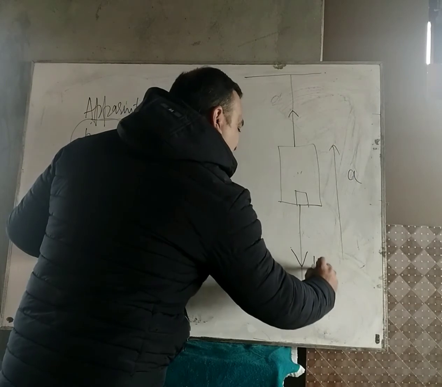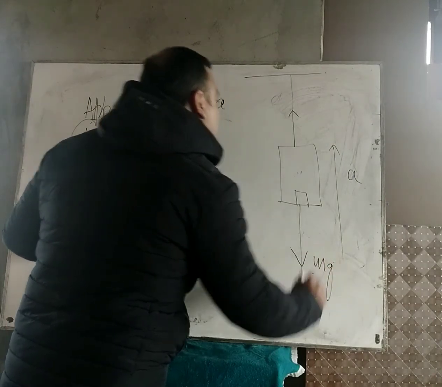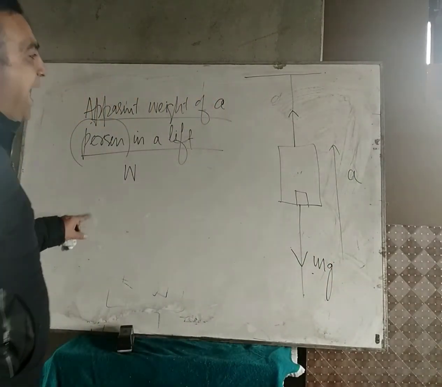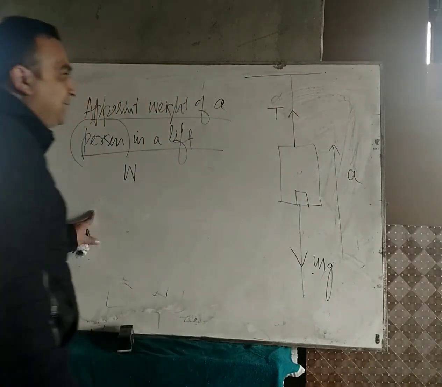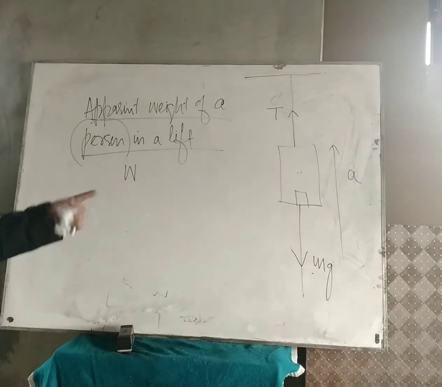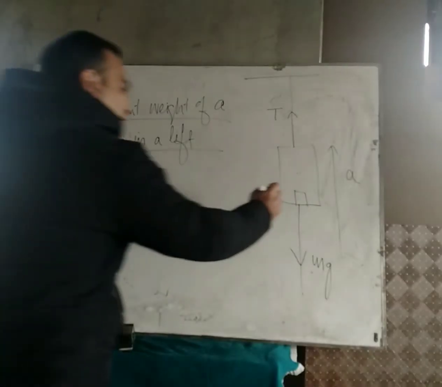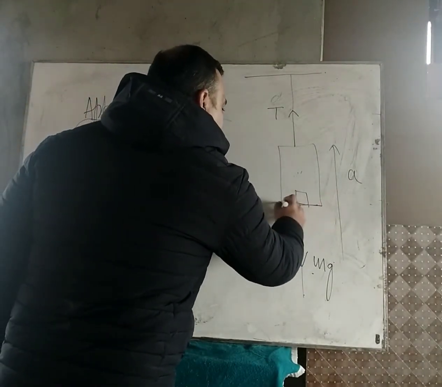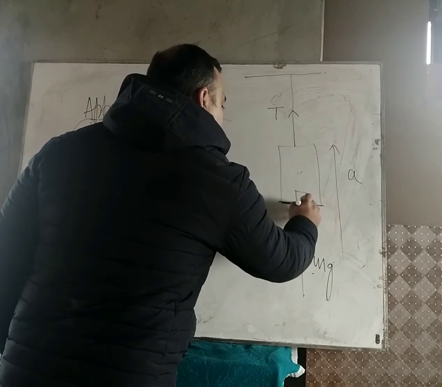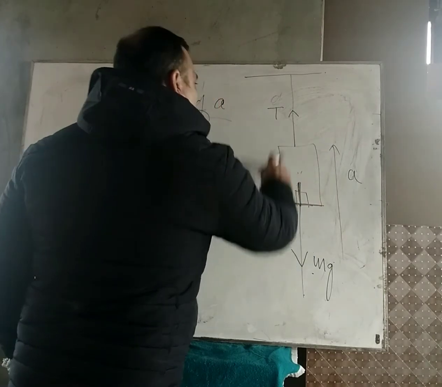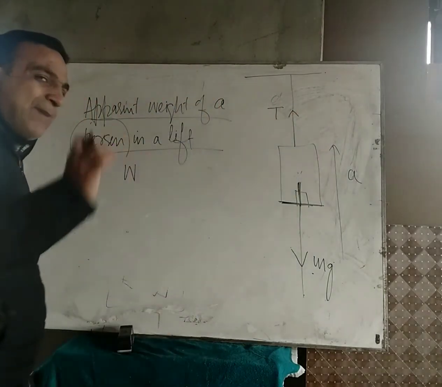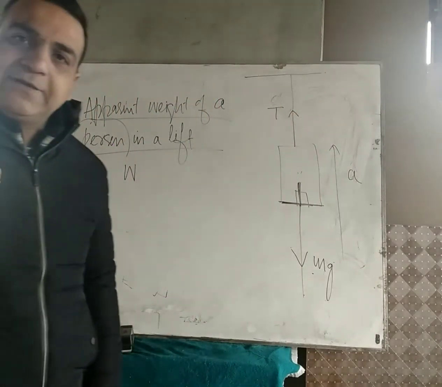So that gravity will be mg. And this tension in the rope will give us the measure of the reaction of the lift to the person standing in it. So this will give us the apparent weight of the person inside the lift.